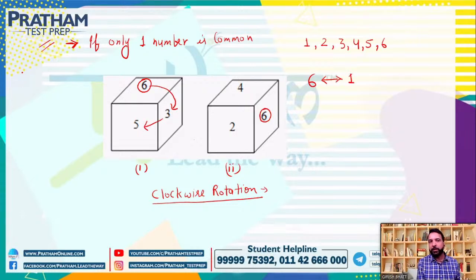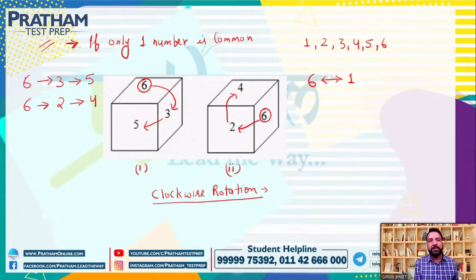Note this down: 6, then 3, and then 5. Similarly, in the second dice, do the same clockwise rotation from the common number 6. So here we have 6, then 2, and then 4.